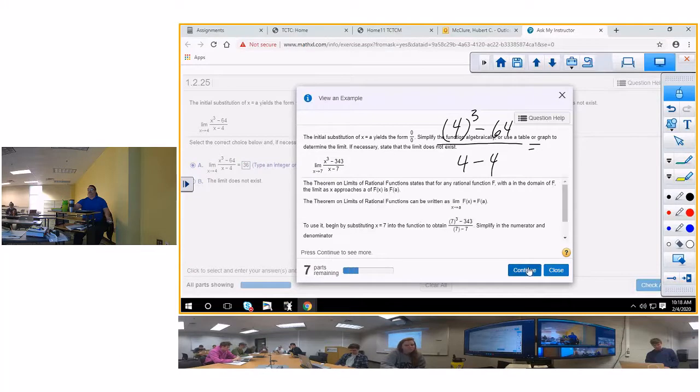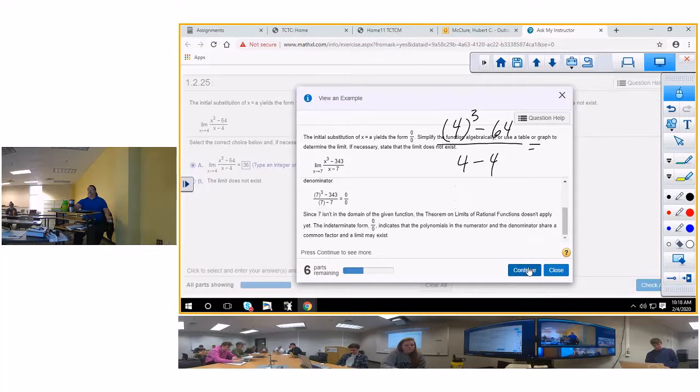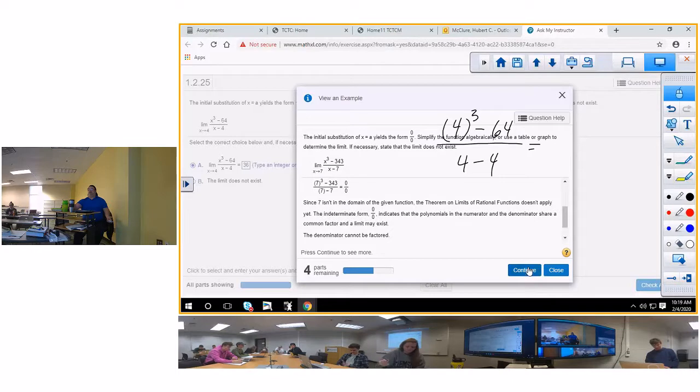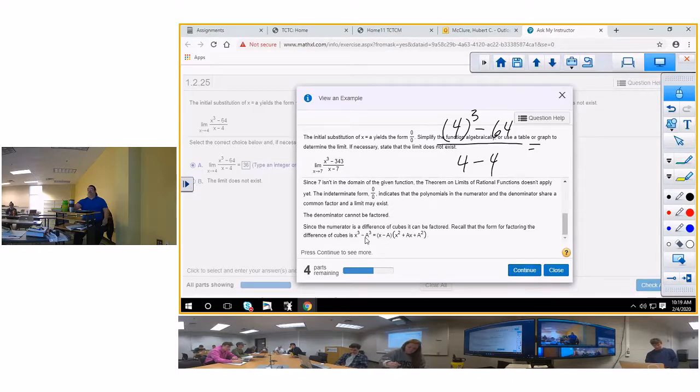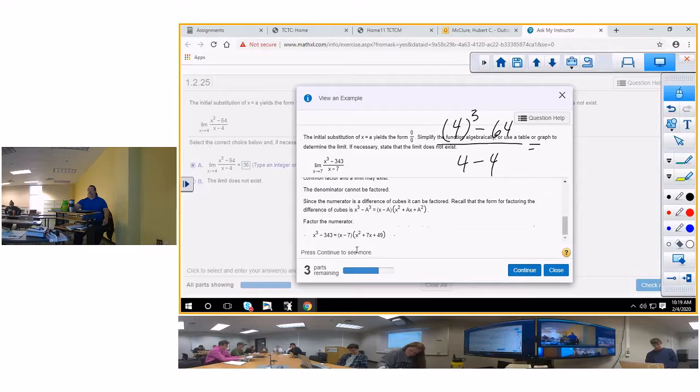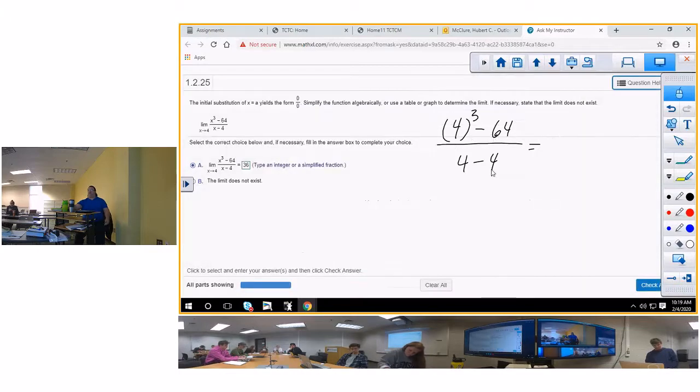You're going to get 0 over 0, which is undefined. There it is. Did I not square? I didn't square the last one. That's my bad. Okay, that's what's wrong.